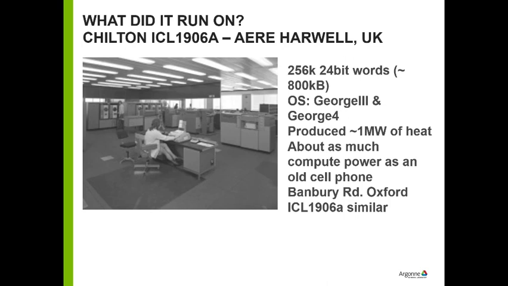It produced a megawatt of heat, and the room that it sits in would be about 4 times the size of this room. It had much less power than this thing. It took probably a couple of hours to do a Rietveld refinement calculation each time.